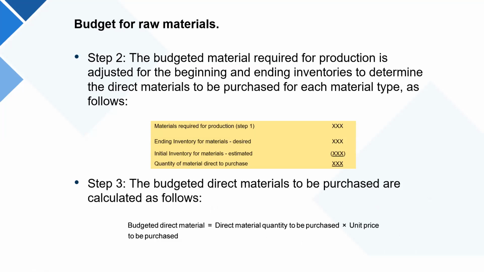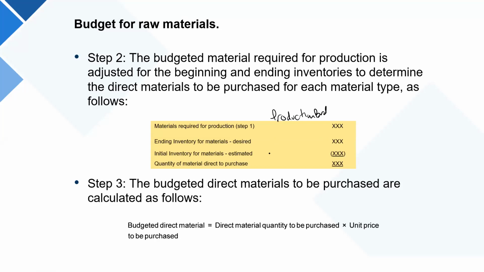The second step is to apply the same formula that we applied for the production process. That is, instead of sales, you're going to use your production budget. It's in units, right?